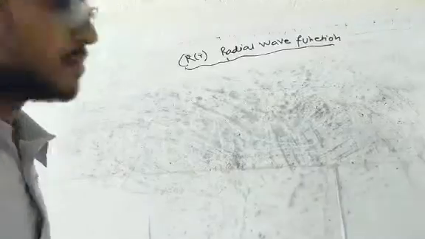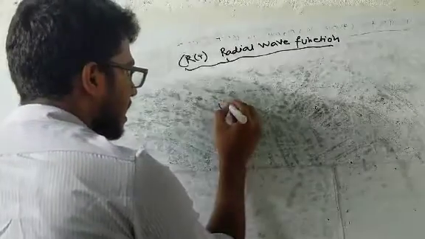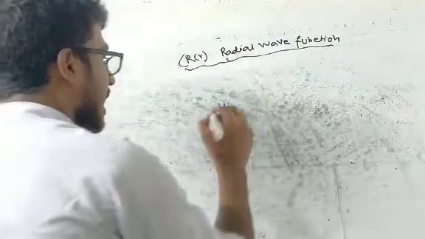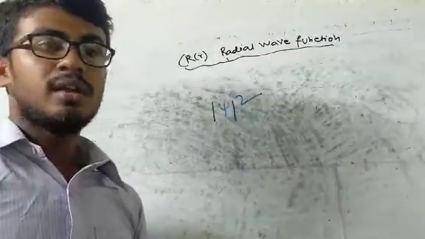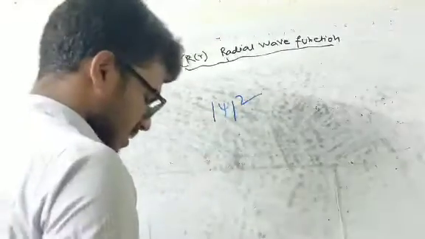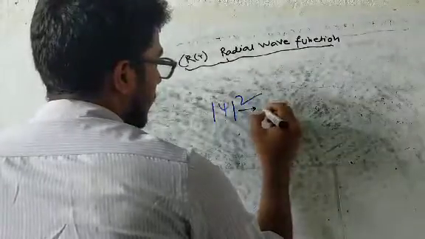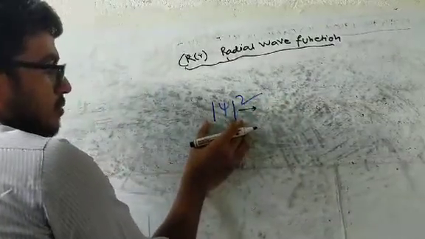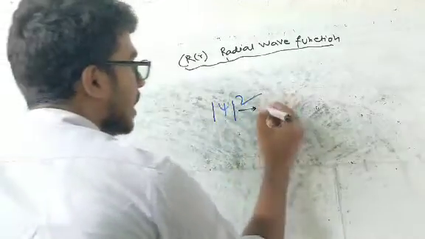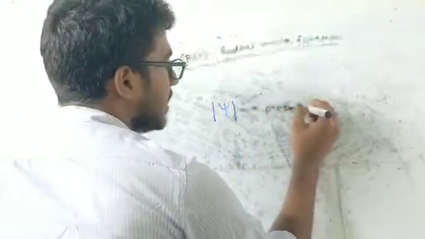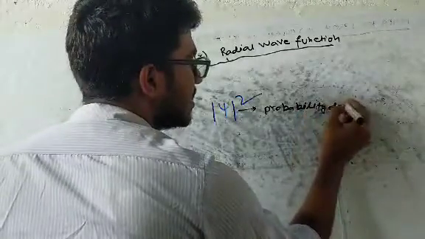For this correction, Max Born says, let's take the wave function and square it. He says that the square of the wave function tells us the probability density.